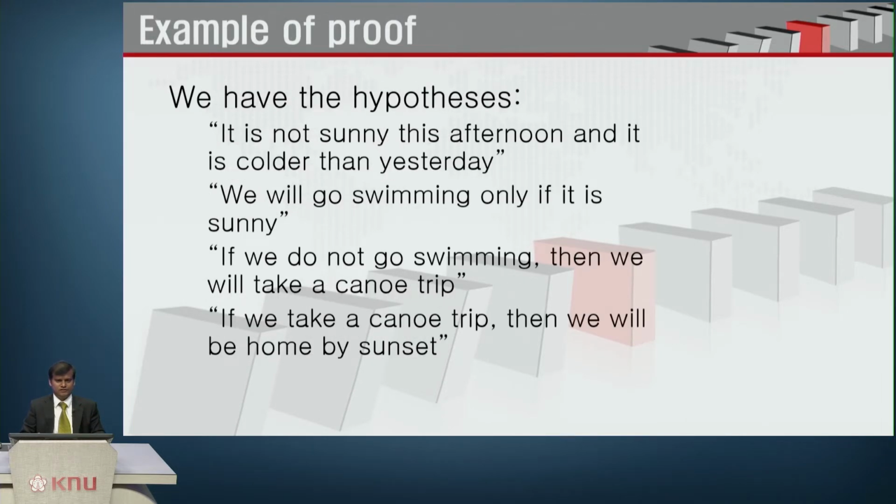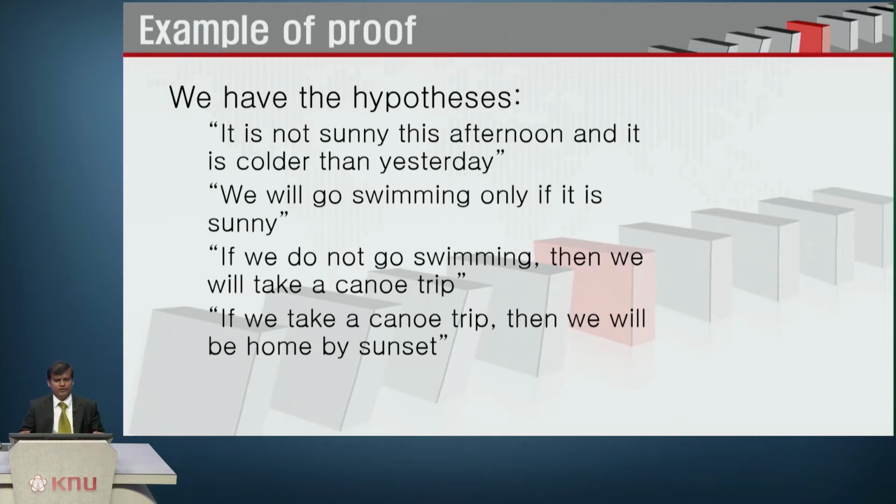Let's have some more information about this example with proof. So we have the hypothesis: it is not sunny this afternoon and it is colder than yesterday. We will go swimming only if it is sunny. If we do not go swimming, then we will take a canoe trip.